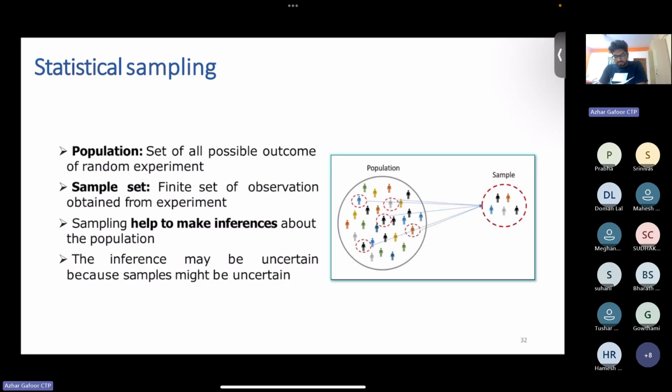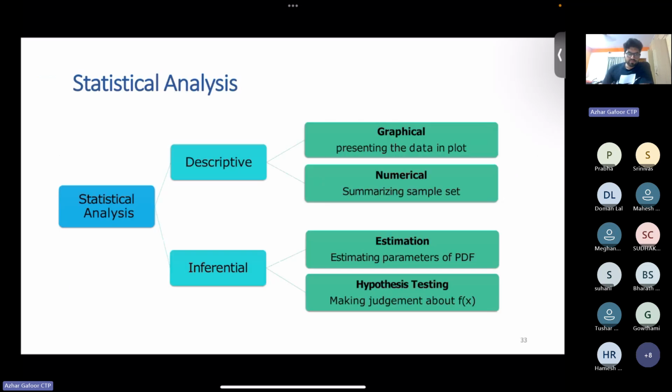So in statistical analysis, we have the descriptive analysis, like we can plot graphs, for example histograms. Histograms are very popular. I will take the example that was discussed in the video lectures. We are trying to find the height of a tree.